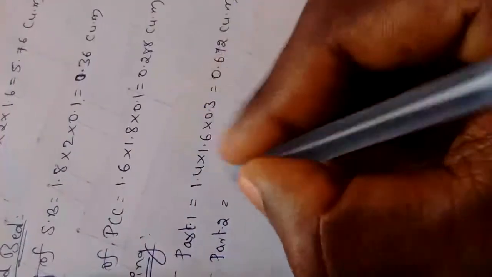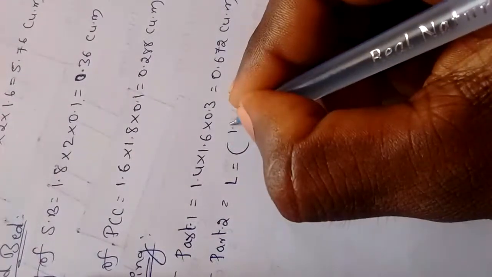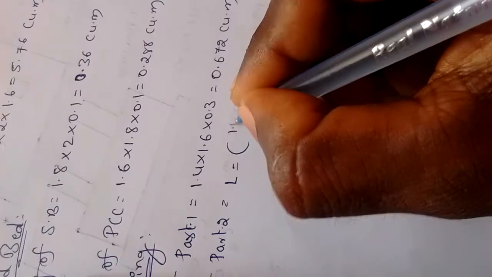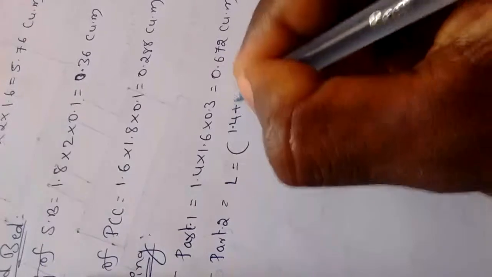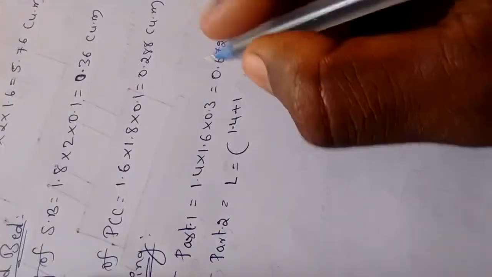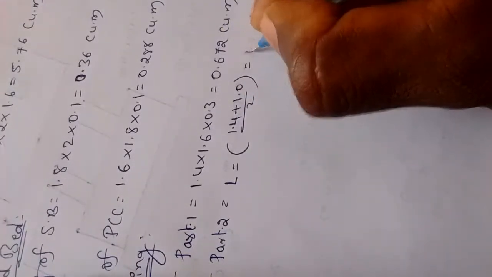First I am finding length. Part 2 is trapezoidal, so the formula is length plus width by 2. Total you get length 1.2 meters.